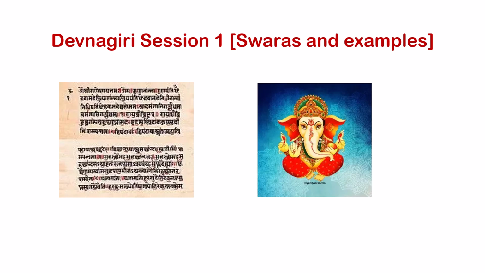Matra in the sense, a symbol, like a chinham you can consider. Symbol is like you put a dandaha, we put a line, right, for akaram. Similarly, for dirgha E, you have to put this matra, a C-like shape. Yeah.